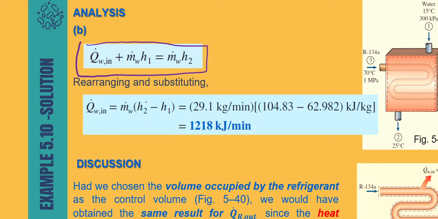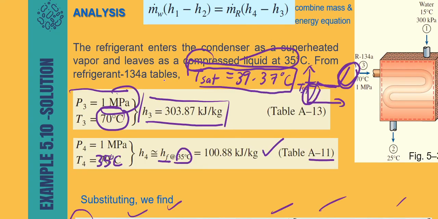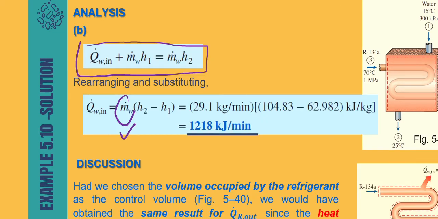Now you already have this value calculated in the previous slide, which is 29.1, and this one is also obtained from the table. Substituting all the values into the equation, you can have this value of heat transfer.